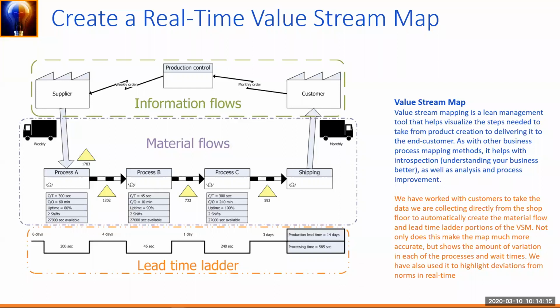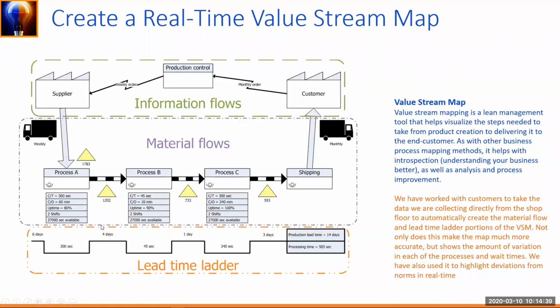The advantage of that is that we not only see our best estimate in terms of our lead time ladder, but we can see the actual time that process A is taking. We can create a full distribution of how long that process is taking. We can see the variance within there. We can see what the actual time between processes is.